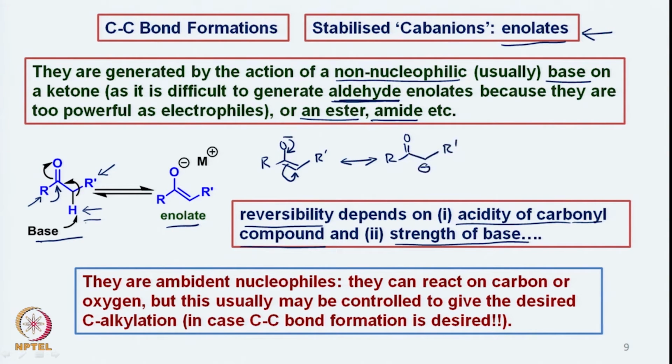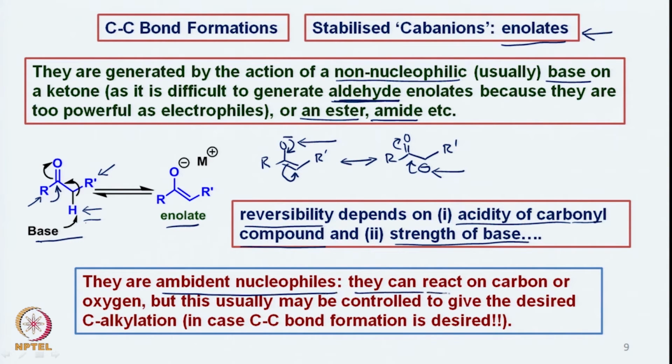So obviously we can go back here and generate the enolate. It is like a resonance structure, and therefore we have a possibility of this being a nucleophile or this being a nucleophile. So it is an ambident nucleophile. These are all ambident nucleophiles.